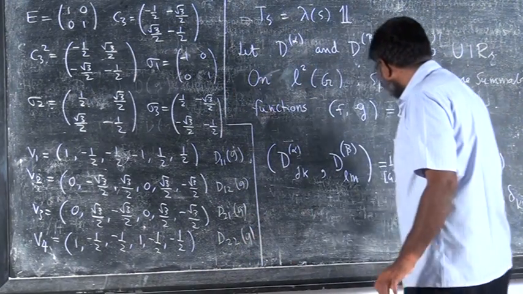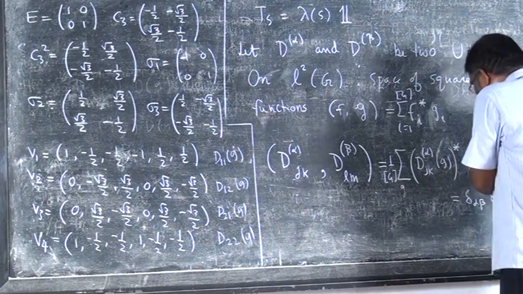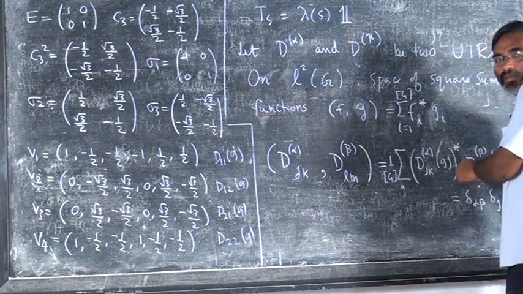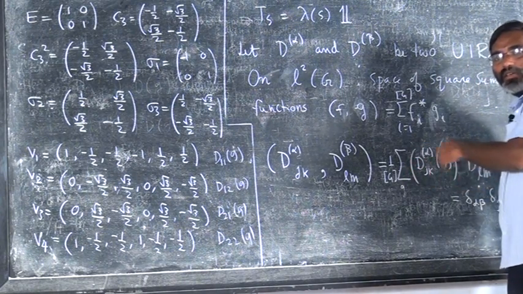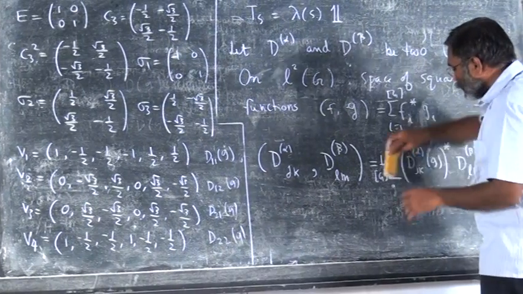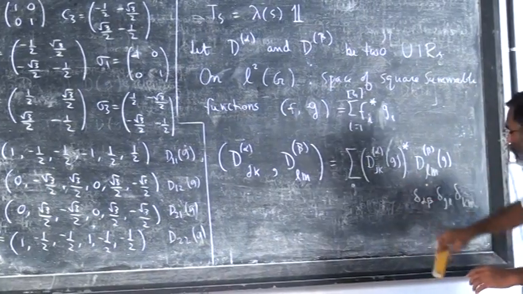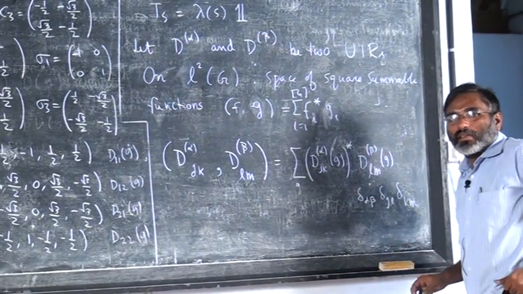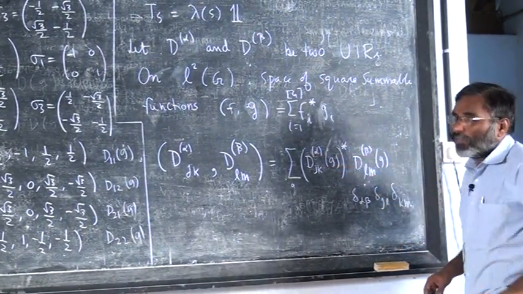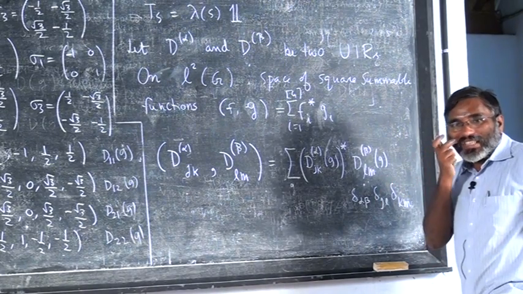Now you can see that unless Jk is same as Lm, this is orthogonal. So let me not write this at this moment. What you are getting here is 3. What is 3? When I take the dot product, each one is 3, right?